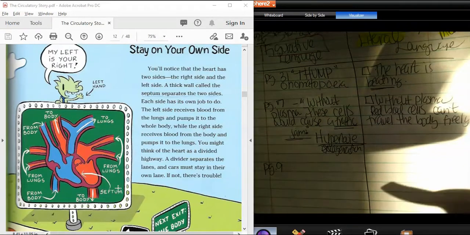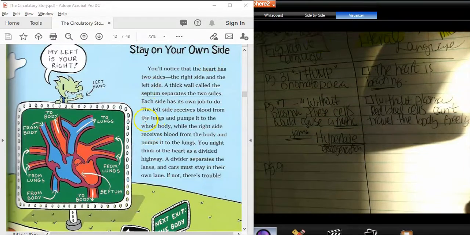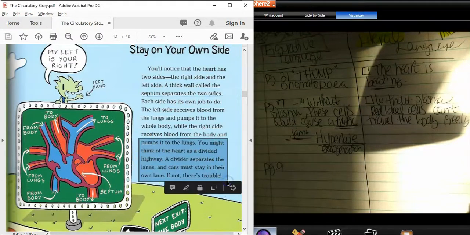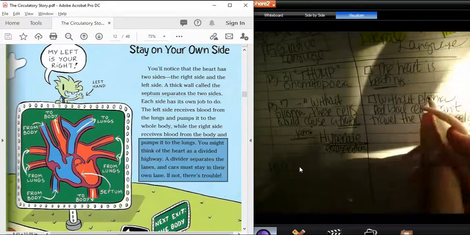And time. So on this page, I want you to focus on where it says, "You might think of your heart as a divided highway. A divider separates the lanes and cars must stay in their own lane. If not, there is trouble." Boys and girls, here the author said that we should think of a heart as a divided highway. So I'm going to come back here and write that.